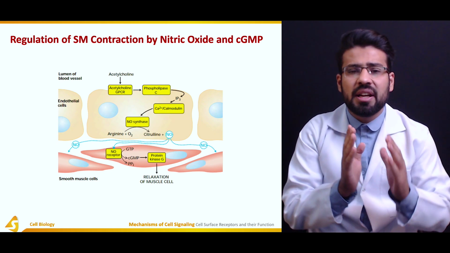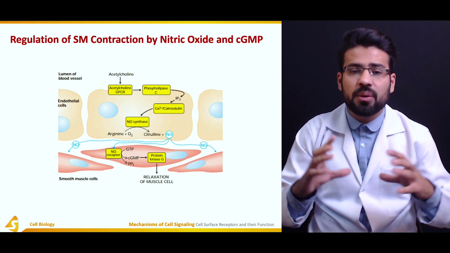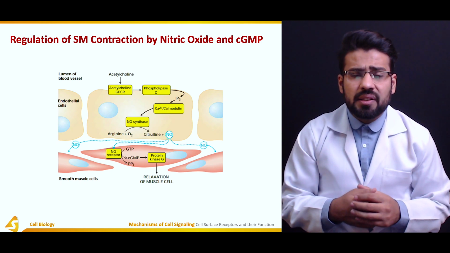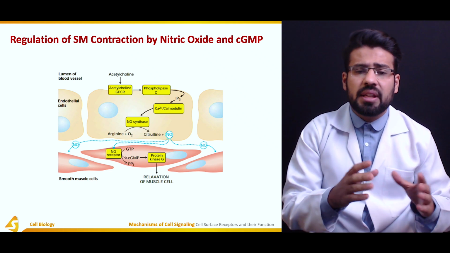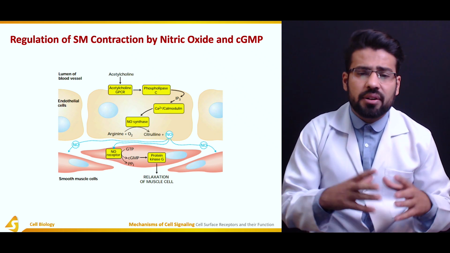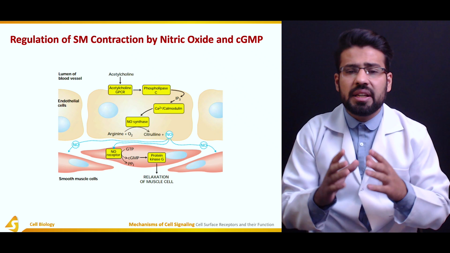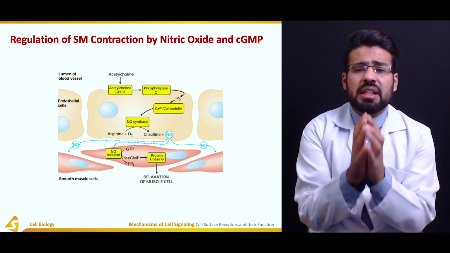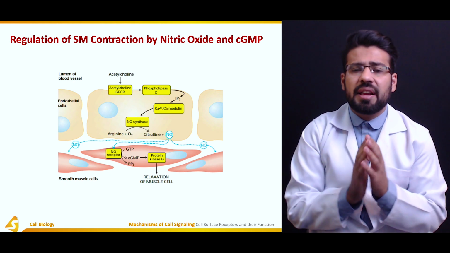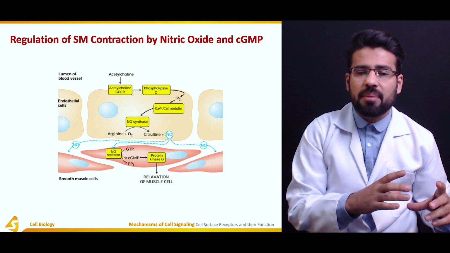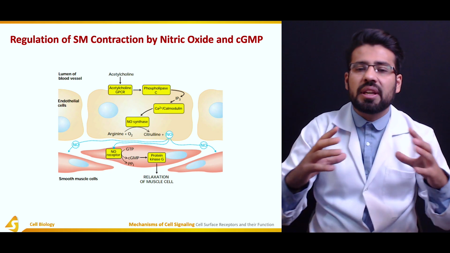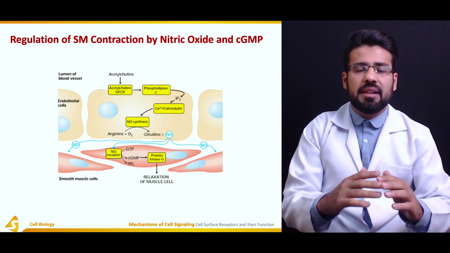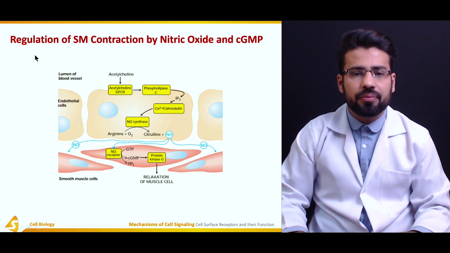This binding with the calmodulin will result in the activation of the nitric oxide synthase, which is then going to convert arginine to citrulline and nitric oxide. When these are produced, they are going to cause the relaxation of the smooth muscles. They do this by binding with the nitric oxide receptors, resulting in the production of protein kinase G, and this protein kinase G results in the relaxation of the smooth muscles.